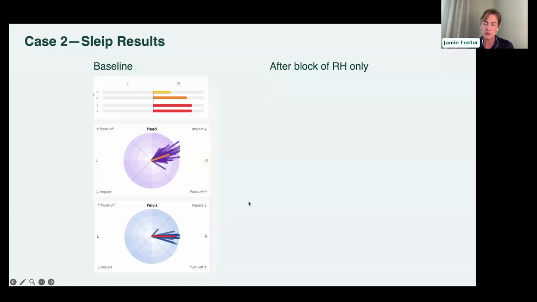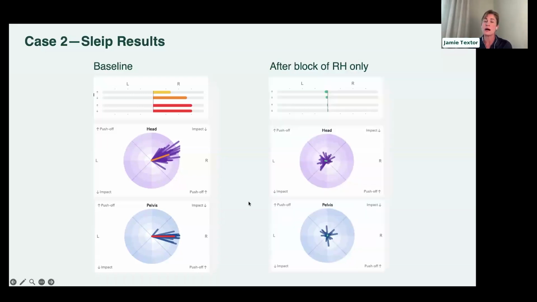So what happened after the block when he looked so much better? Wow. This is a pretty dramatic change. Obviously, it's an example case for a reason. But as you can see, all of this right hind asymmetry has been eliminated insofar as Sleip detection is responsible, which is unusual. Usually Sleip still picks up a bit of alteration in the amount of pelvic movement or head movement there, but it's all gone in this case.